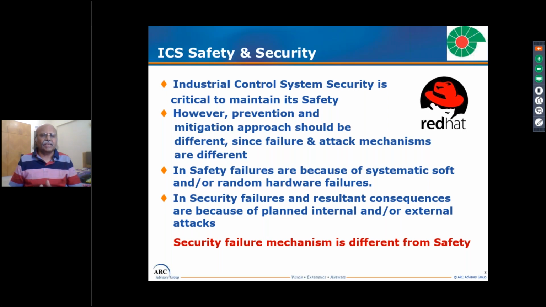We call it SIL, safety integrity level, and then we go back and design to match that safety integrity level. We call it probability of failure on demand. So we fix the risk, and then design our devices so that the reliability is high such that it meets the required risk.